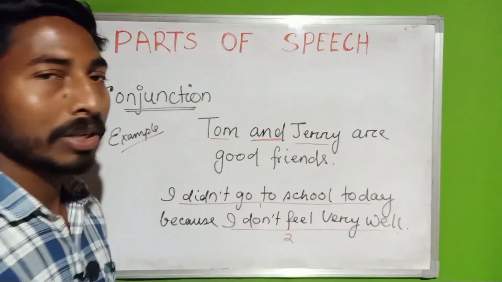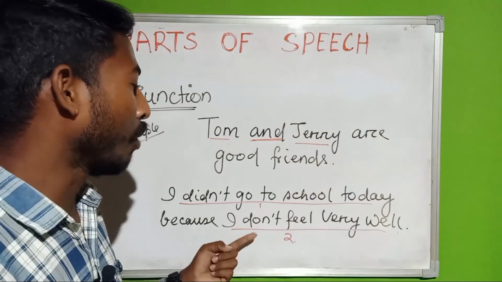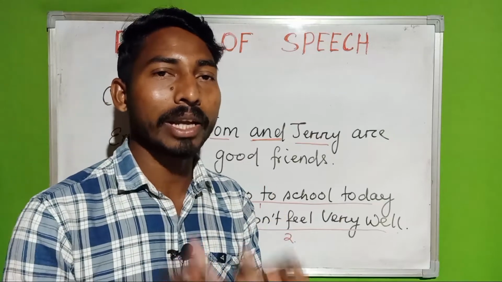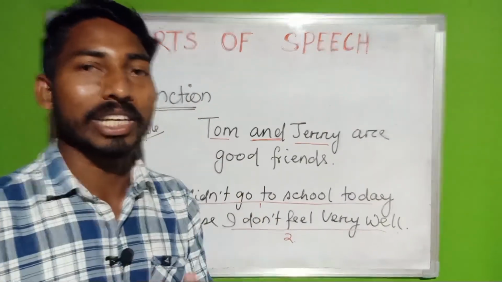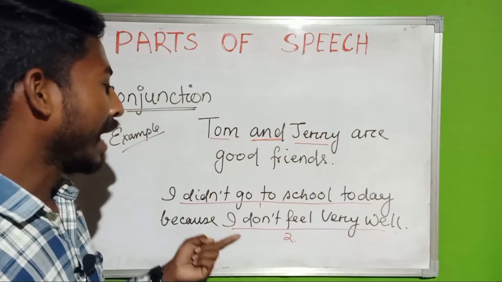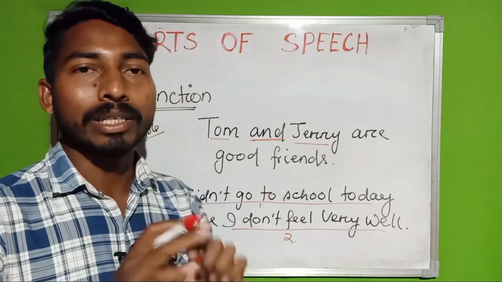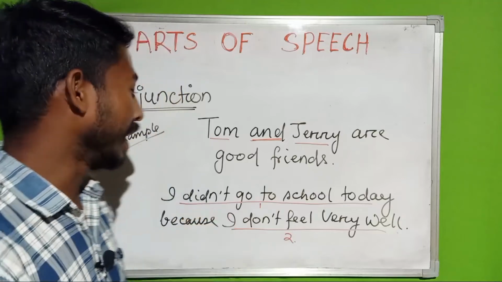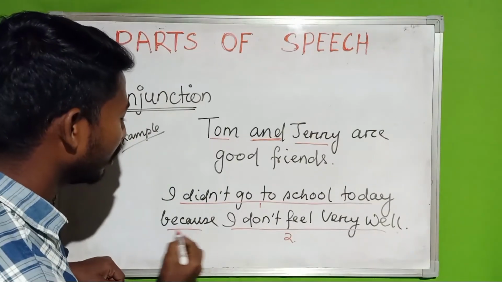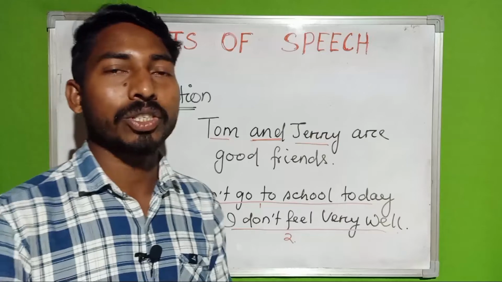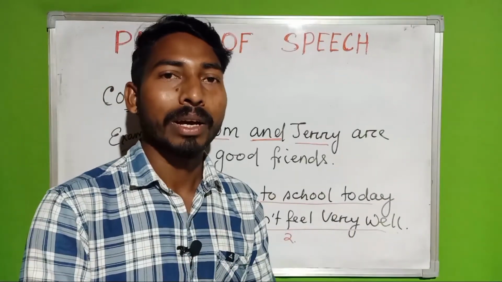Do remember that the second clause is the reason, and the first clause is the result. Since I did not feel very well, I didn't go to school. That is the meaning. Here, because shows the relationship between the reason and the result.